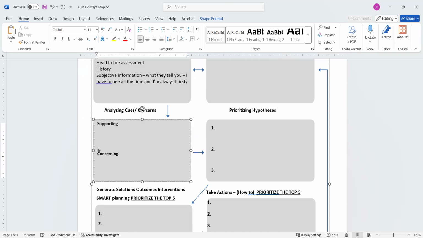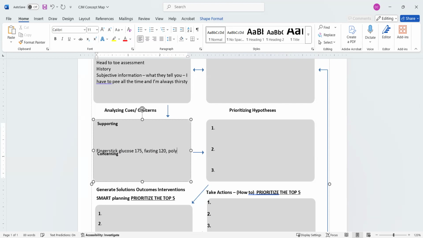Glucose, let's see, finger stick glucose 175. Fasting, see, I'm not going to be able to do what I want here. Maybe also in here, fasting is 120.